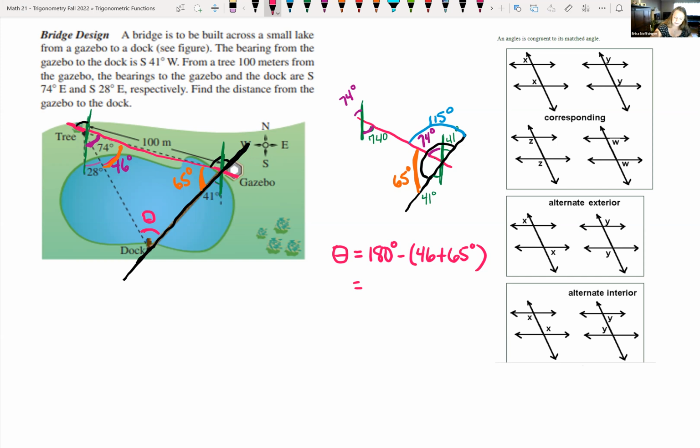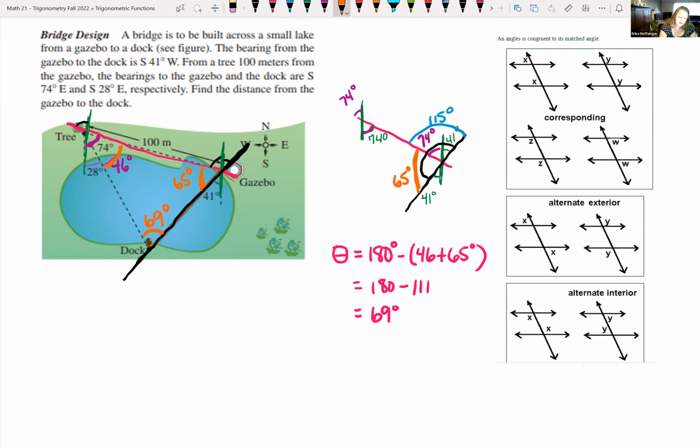So I have 180 minus 111, which is 69 degrees. So now we know an angle and a side across from that angle. This right here, we've been doing orange side. So this right here is 69 degrees. So now we can use that law of sines to help us solve.